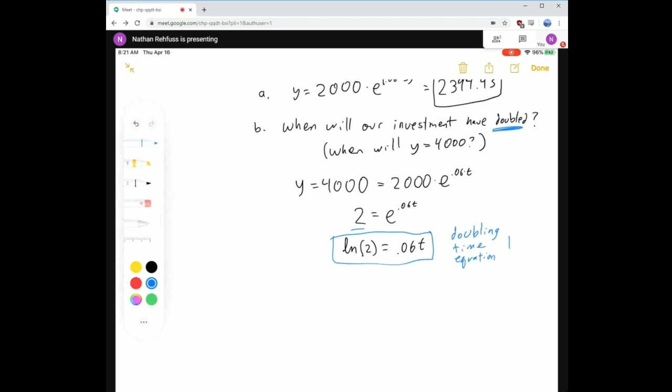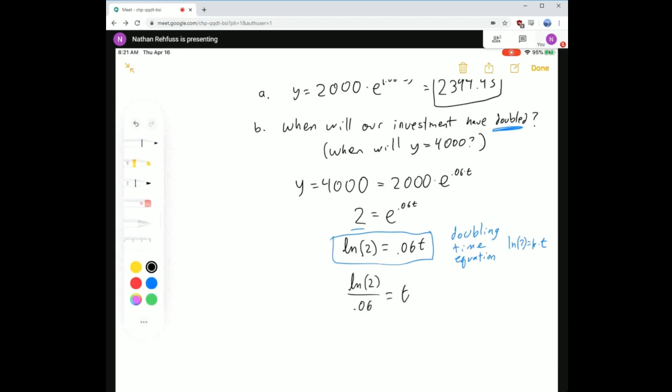Natural log of 2 equals k times t, where k is your growth constant. And then whatever t you solve for in this equation is going to be how long it takes to double. So our final step is to divide by 0.06. Log 2 over 0.06 equals t.